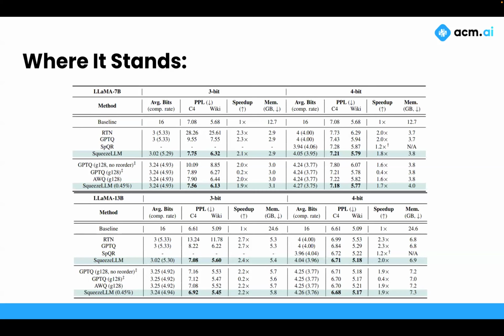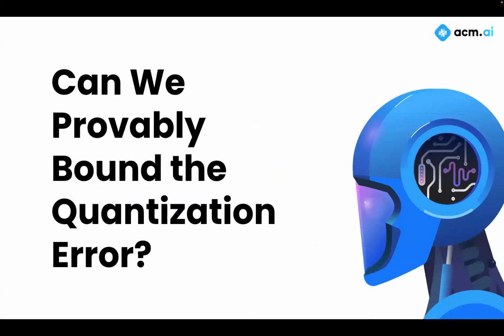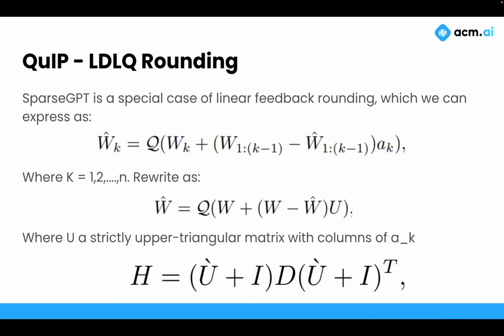The thing is, both me and Professor Yang come from a background of reinforcement learning. So in theoretical reinforcement learning, we like to have bounds and proofs over things. So one can ask, is it possible to get bounds and proofs over quantization errors? So yes, it is. And this paper, QuIP, does that.